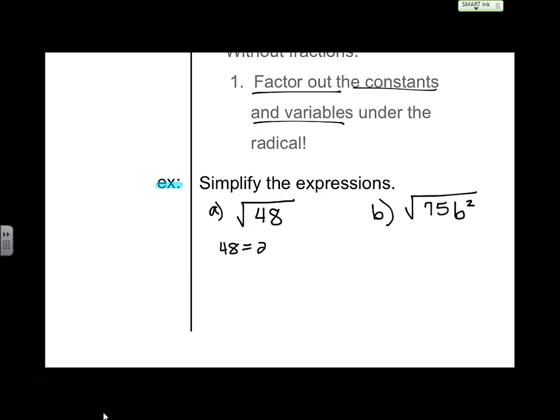I would do 2 times 2 times 2 times 2 times 3. That's what I want you guys to do to start.